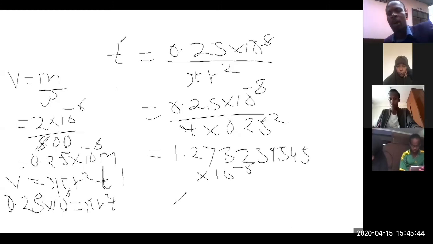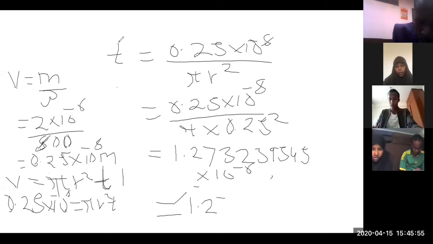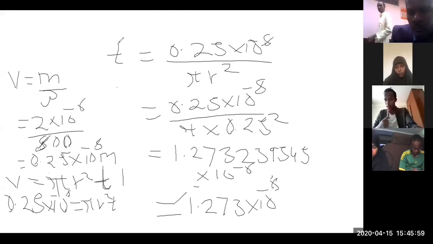I said first, when you're doing your working, always first write the whole answer, then round off to 4 decimal places or 4 significant figures. That will give us 1.273 times 10 raised to negative 6. That is in meters.